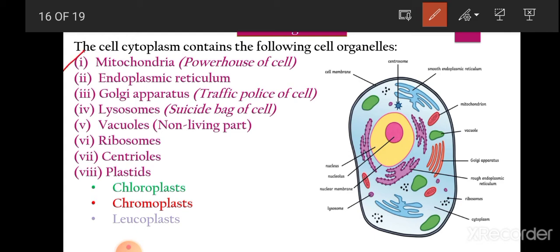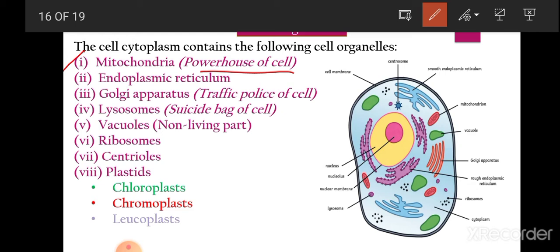Mitochondria is called the powerhouse of the cell because it produces energy from the oxidation of food. The cellular respiration process takes place in the mitochondria. Cellular respiration you have studied in 7th class, where you have seen that energy is produced in that process. So that process of cellular respiration takes place in the mitochondria.